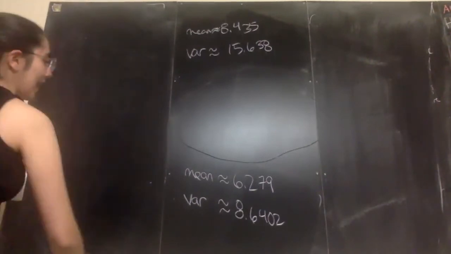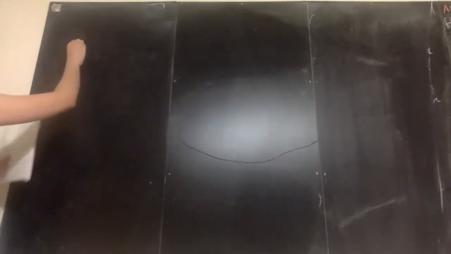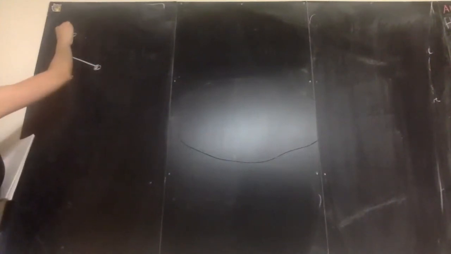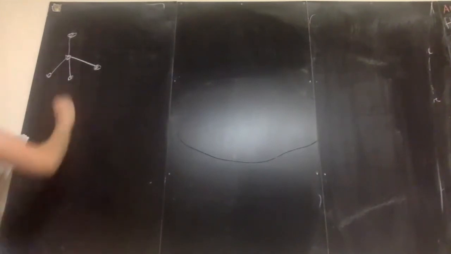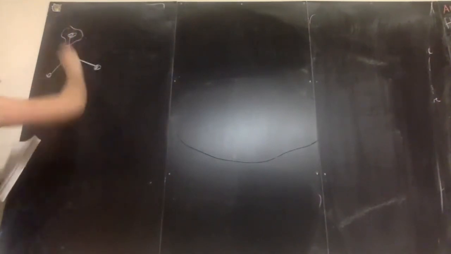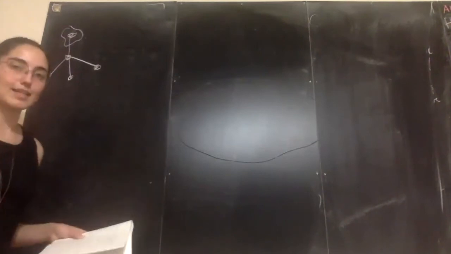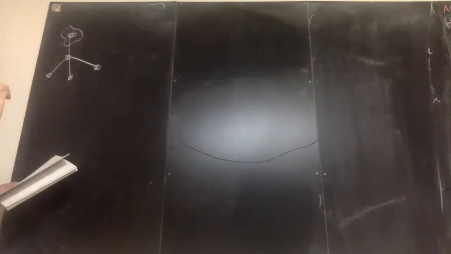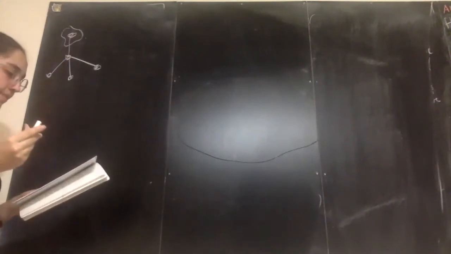So let's look at some trees, because they're nice and simple. You've got to start with the easier stuff to look at. So we're going to look at this tree. This is called the independent cascade model.